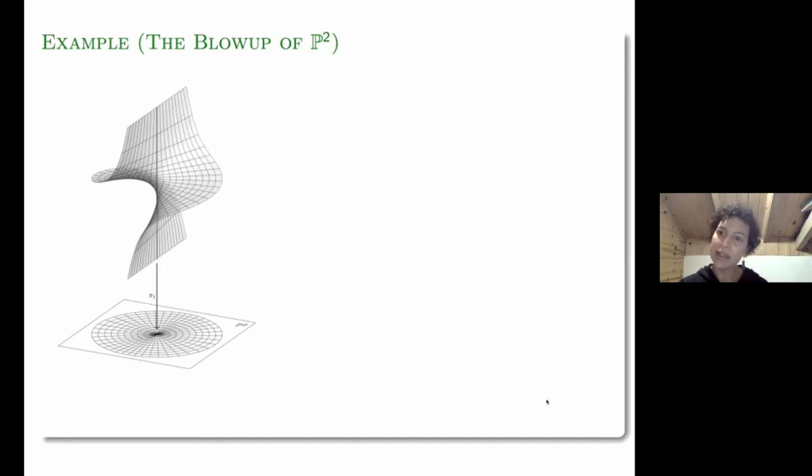The idea is that we would like to modify our projective plane by removing a point and replacing it by a P1 parametrizing tangent directions at the point. This is more or less what I try to illustrate in this picture. So we replace a point by a line of possible tangent directions.